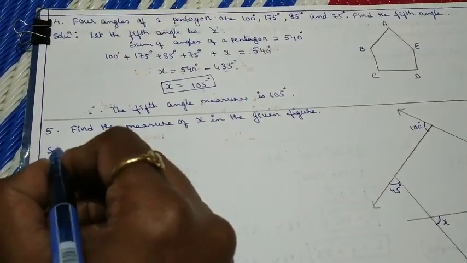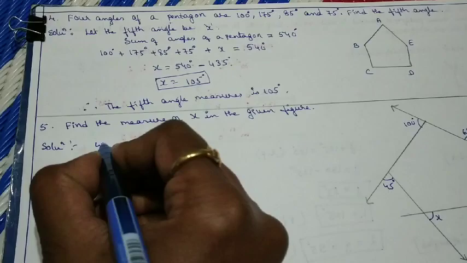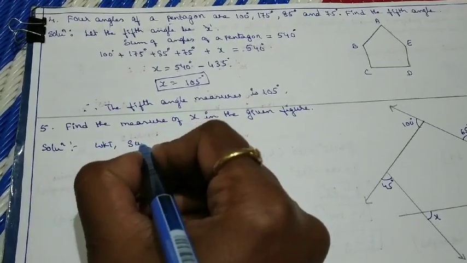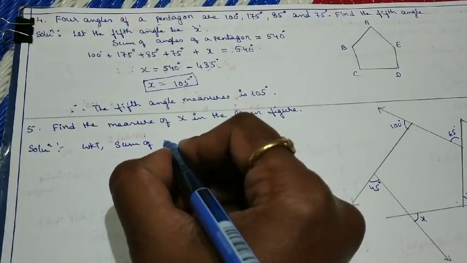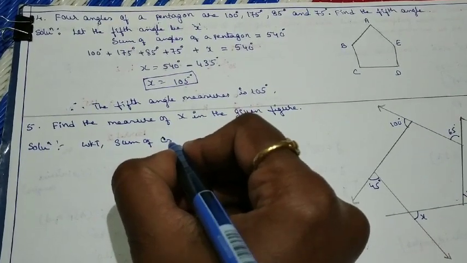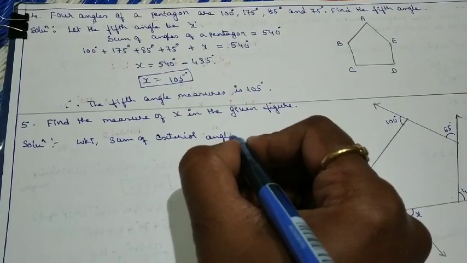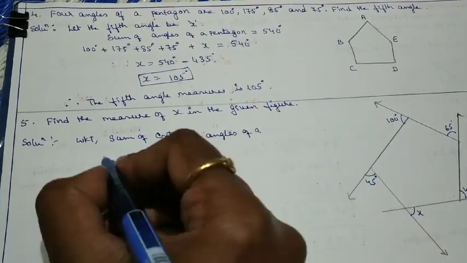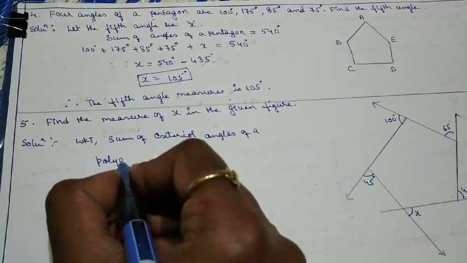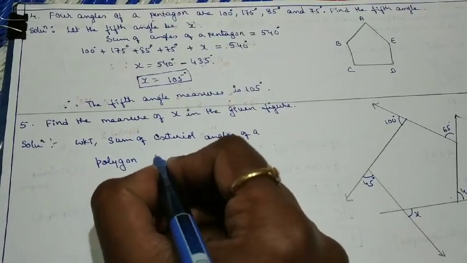So, solution: we know that the sum of exterior angles of a polygon, any kind of polygon, is 360 degree.